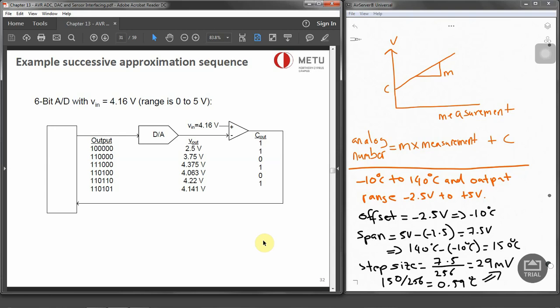Okay, so the resolution is 0.59 degrees Celsius or 29 millivolts. So this was the first part of this question.